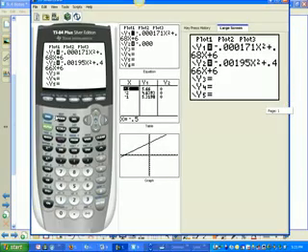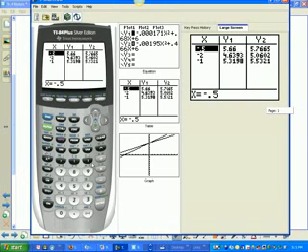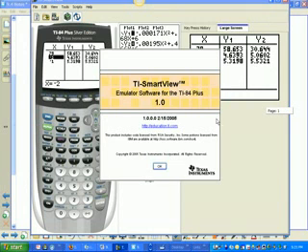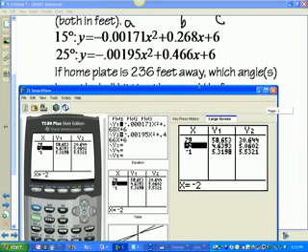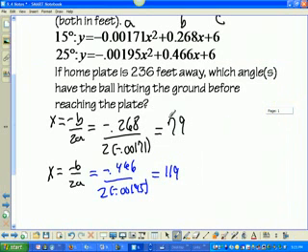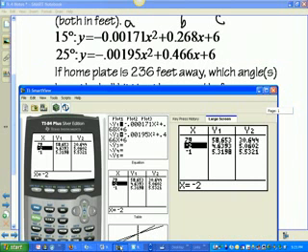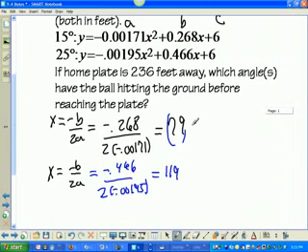Okay, let's press enter first, just to make sure. Now I'll hit second table, so I can look at it, and I said 79 in the first equation, so it's about 59 feet is when the first equation reaches its height. About 59 feet for that one.